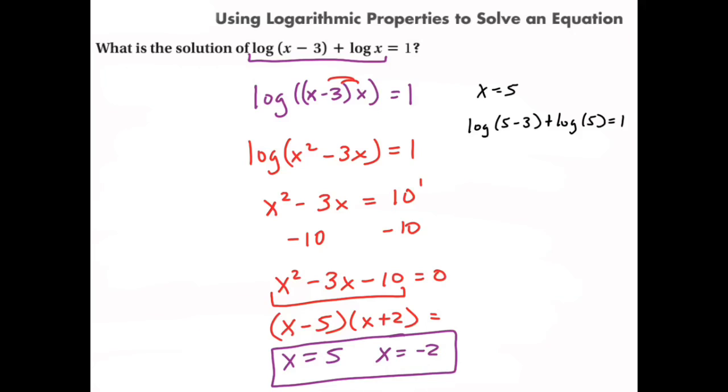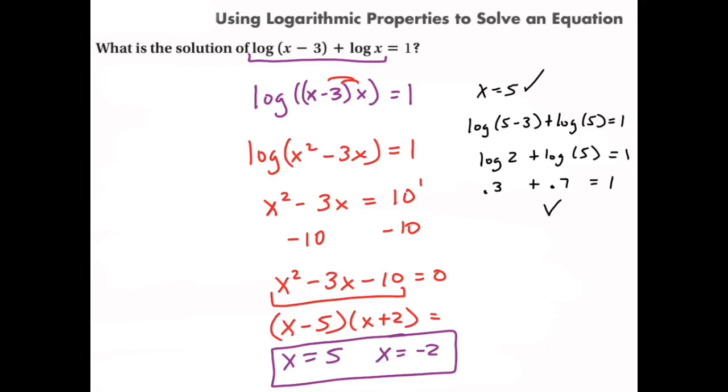In this case, we're going to get the log of 2 plus the log of 5 equals 1. And in this case, log of 2 is like 0.3 and some change. The log of 5 is about 0.7. This equals 1, so 5 is good.